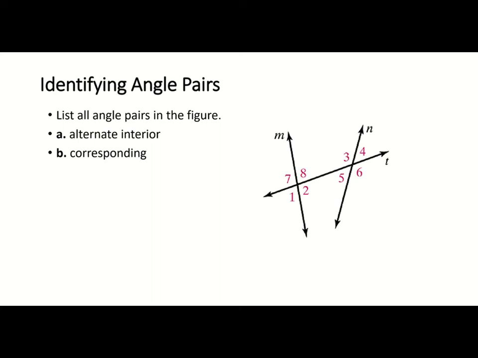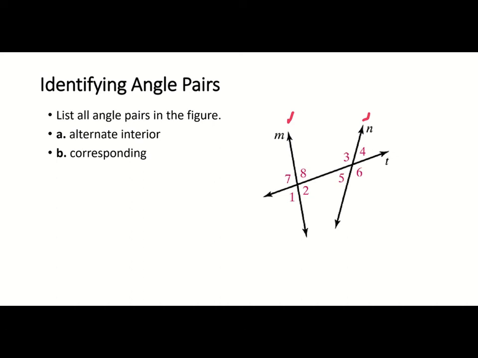Okay, so here they want us to list all the angle pairs in the figure. They first want alternate interior angles. What we need to do is identify the two lines being cut by the transversal. So here, M and N are my two lines, and T is the transversal. Alternate interior, remember, interior is on the inside.